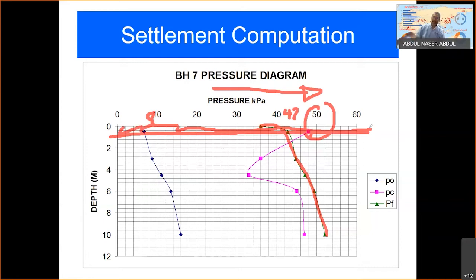So basically that's the thing. But as you go deeper into the ground, more than 2 meters below the ground, the soil has not been exposed to higher pressure than what it would feel now from the proposed project.